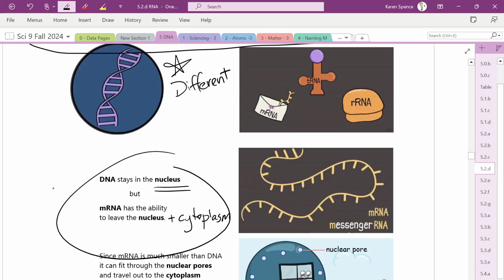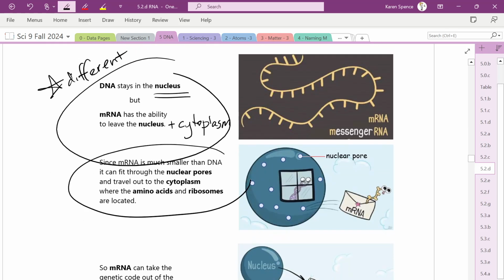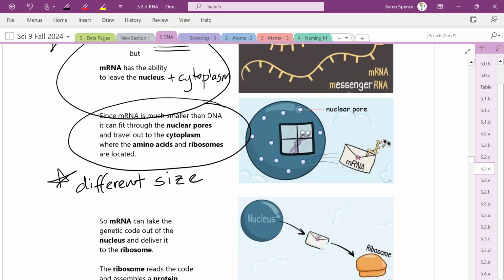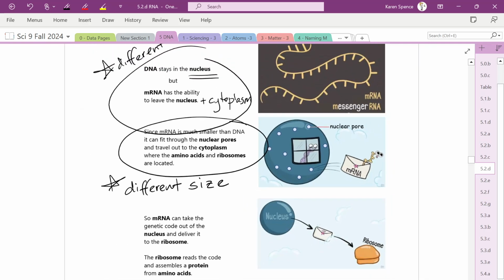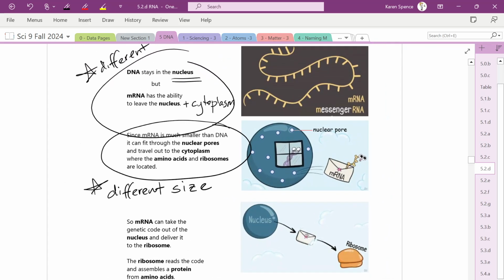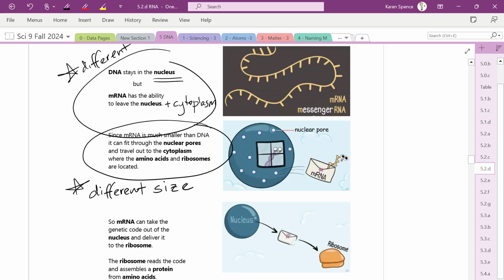Different. mRNA is smaller than DNA. The size is different. You should know about mRNA. You should know what its job is.